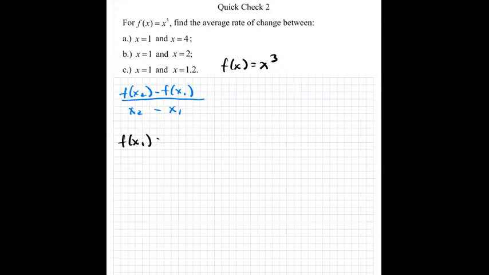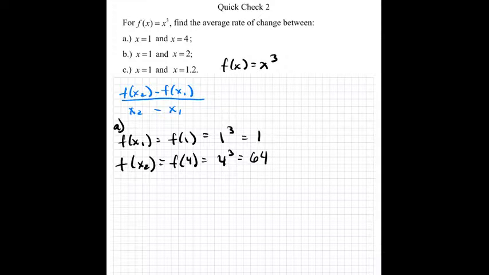In this case, for part A, it's going to be f of 1, which is 1 cubed, which is 1. F of x2 is going to be f of 4, 4 cubed, which is 64.